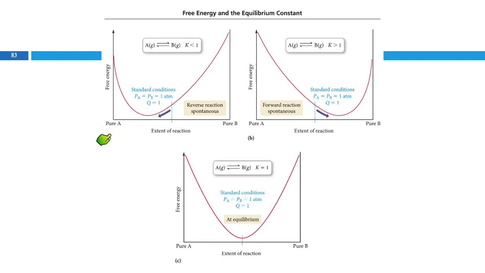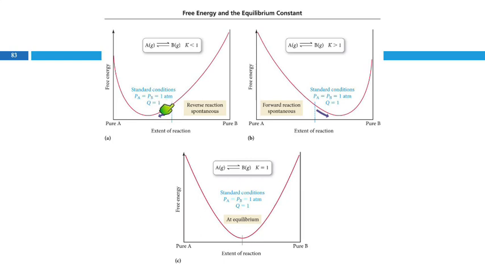Here we have different things going on. So here we have A to B where K is less than 1. So K is less than 1, so the extent of the reaction is going to favor the reactants, right? Here is the standard condition where pure A and pure B, they're both gases, have to be equal at 1 atmosphere.